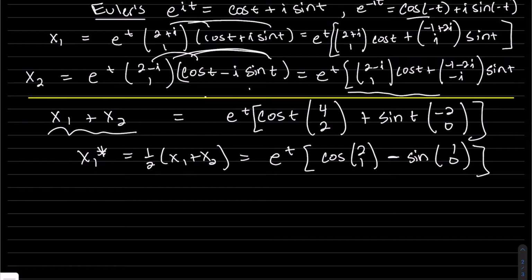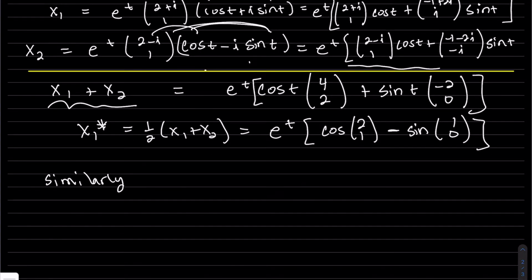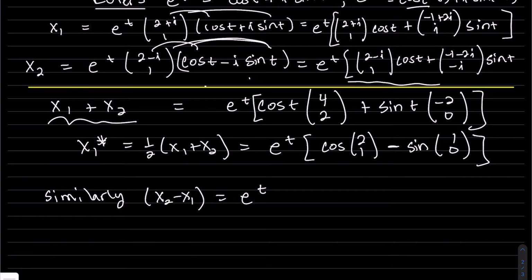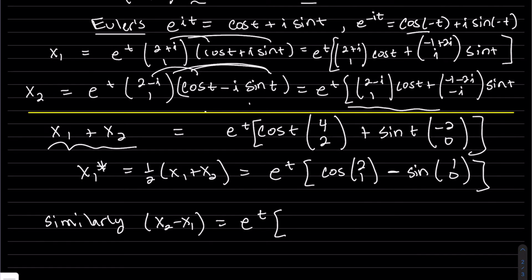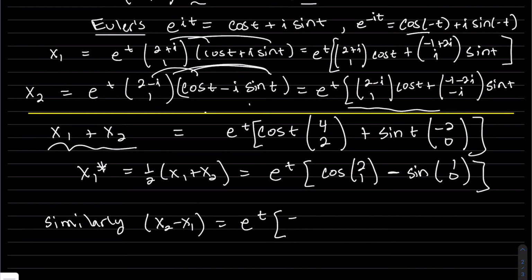Okay, so how do I get our second solution? Similarly, I'm going to take x2 minus x1. Subtract them. Up there I added them, now I'm going to subtract them. This minus that cancels the 2. It's minus 2i.